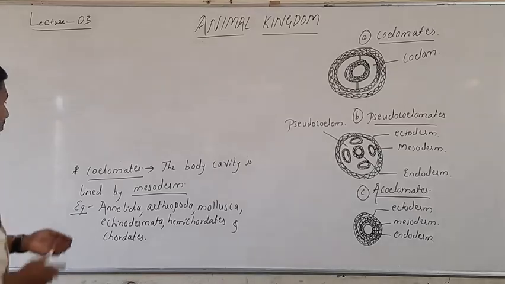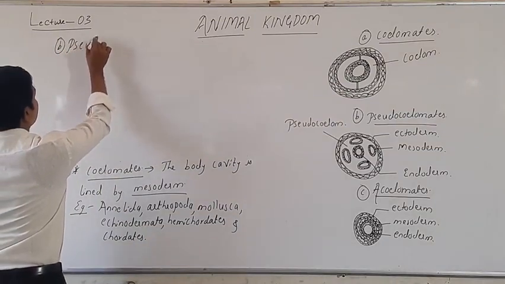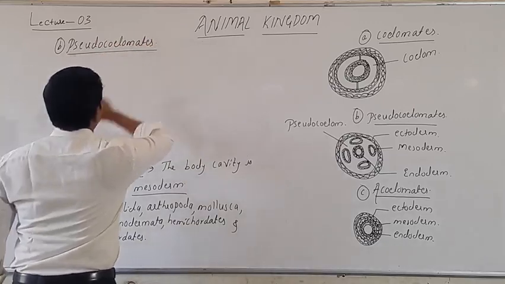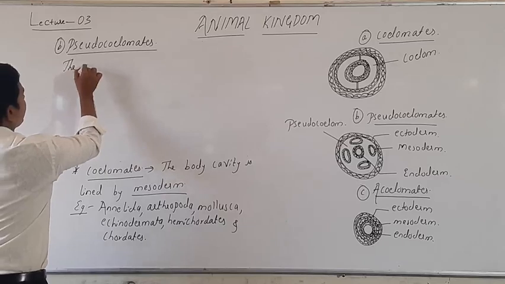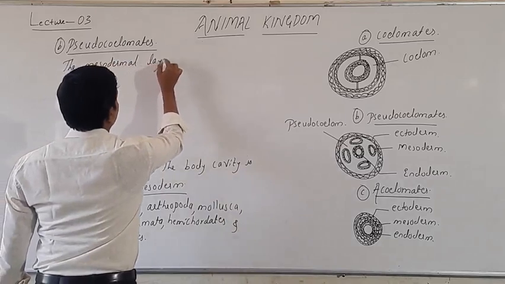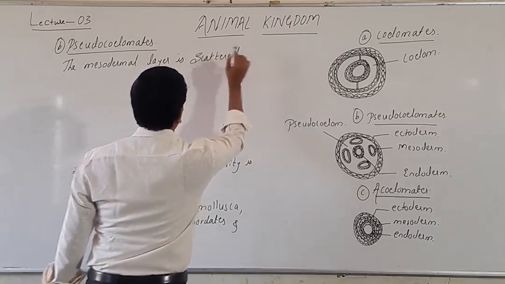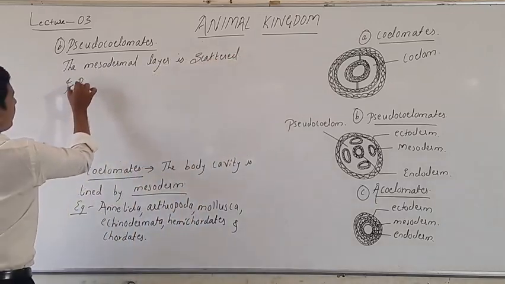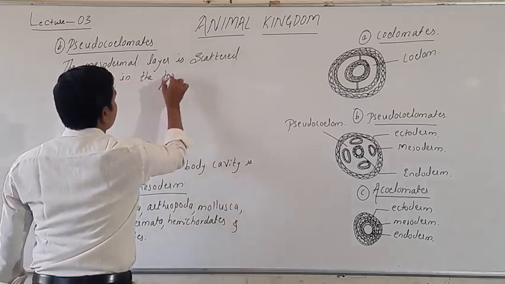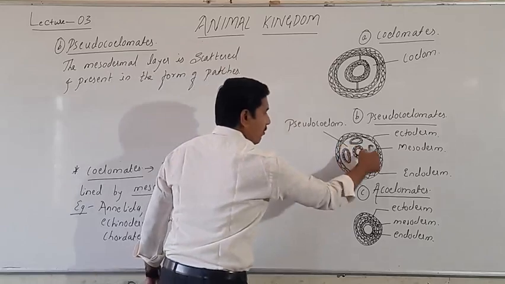Now for the pseudocoelomates, the mesodermal layer is scattered and present in the form of patches. So this is present in the form of patches.